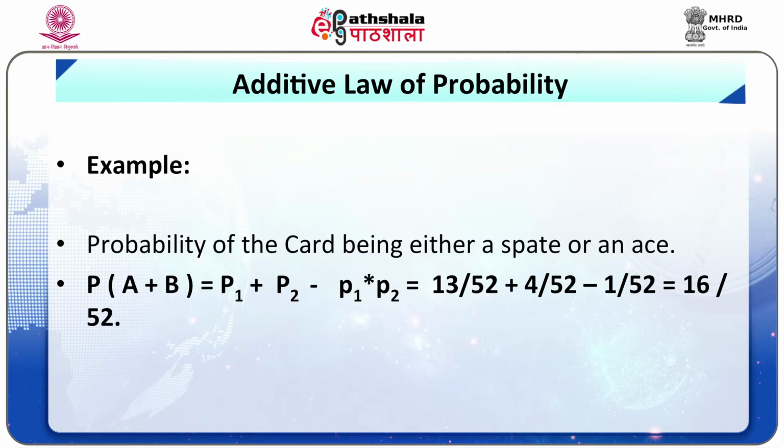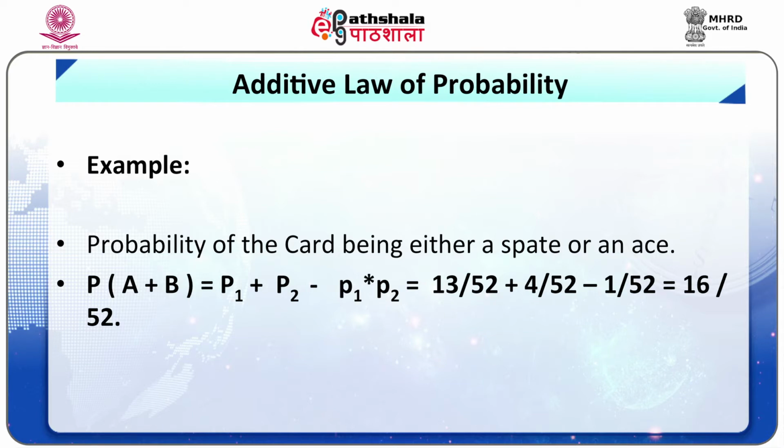The probability of the first event is 13 upon 52, the probability of the second occurrence is 4 upon 52, and the joint occurrence is 1 upon 52.